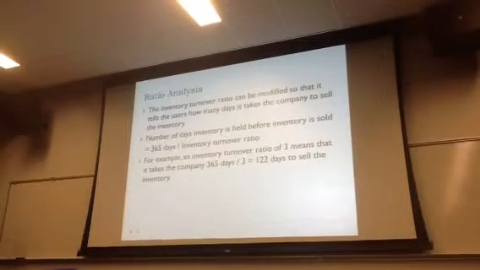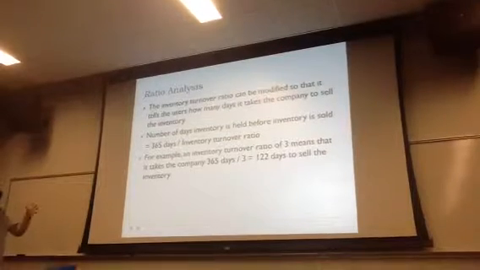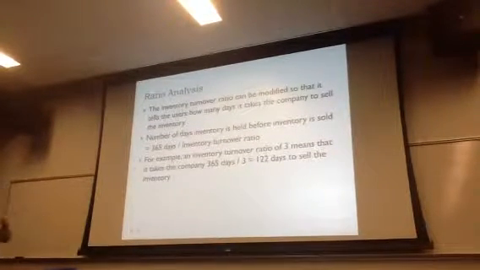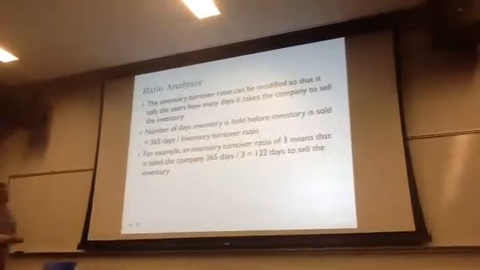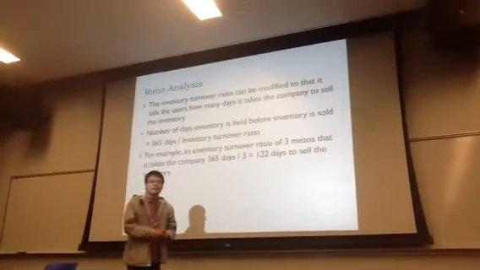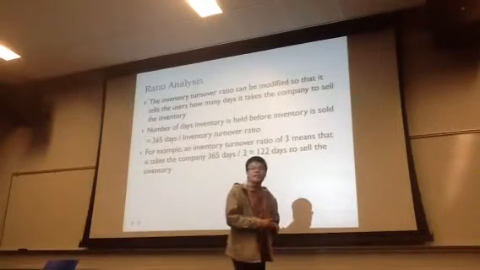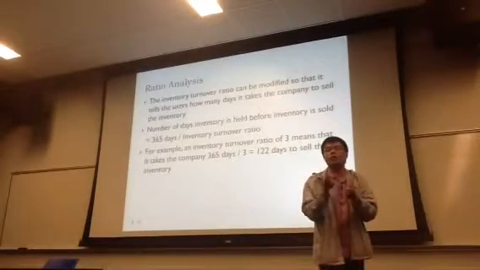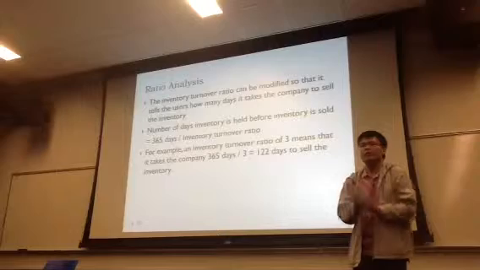On top of that, we can convert this ratio into a number this time. This is called the number of days inventory is held before inventory is sold. It's the same ratio as the inventory turnover, but we are just converting it into the number of days.